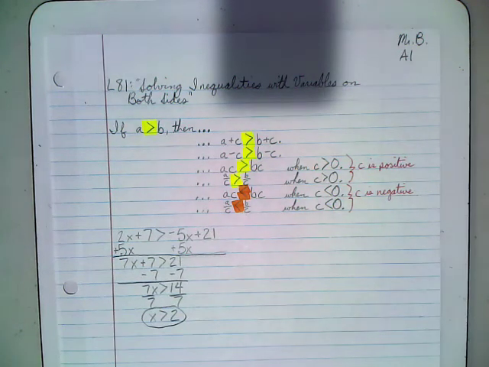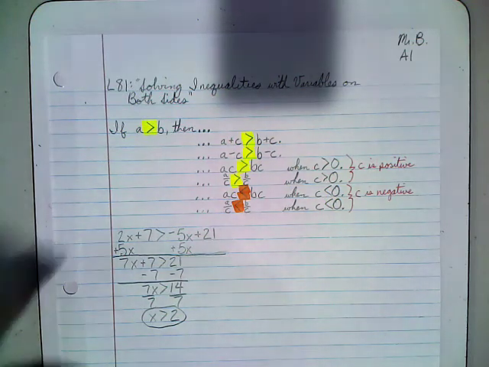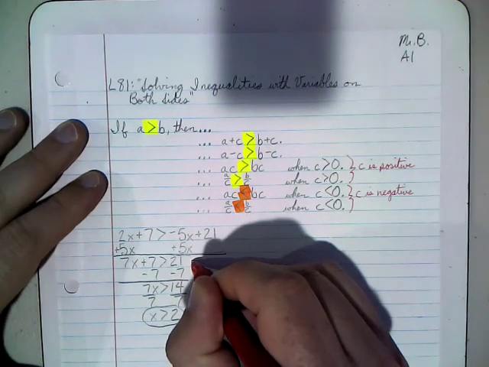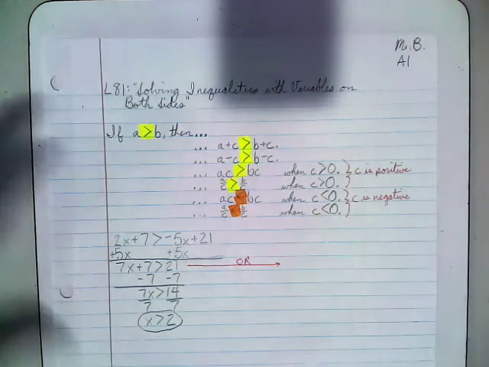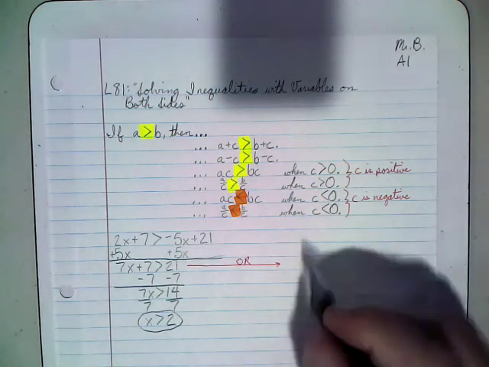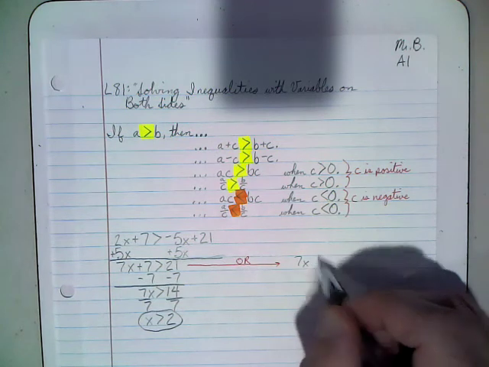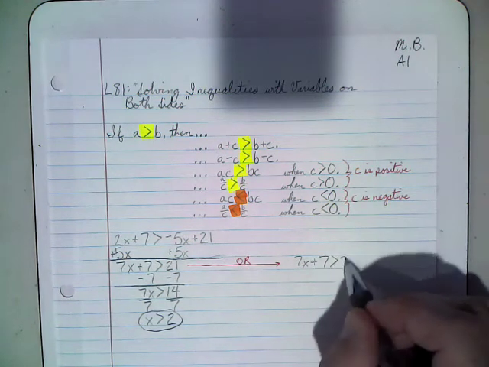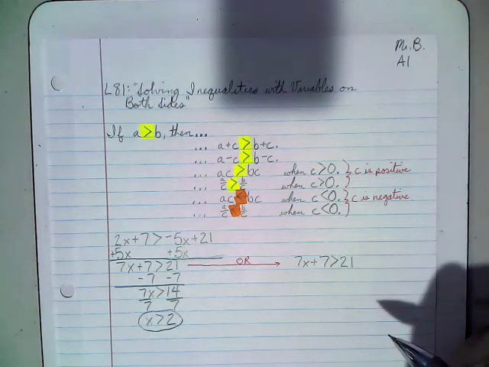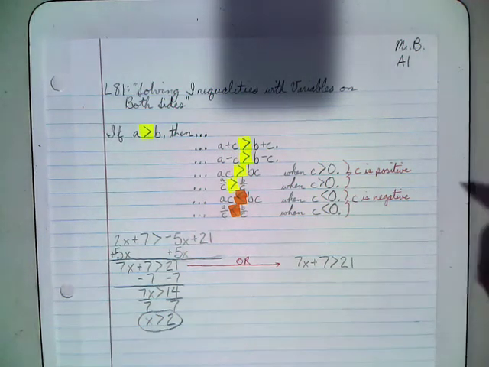Now, I'm going to go back to this line right here and look at a different way that we could have solved this. Generally, ladies and gentlemen, when we're solving equations or inequalities, we follow SADMAP. However, that is the general rule.